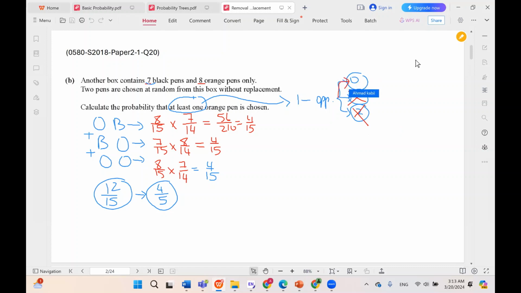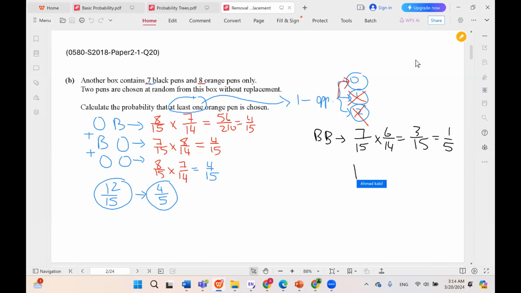So we can get the probability of 0 orange pens as black, black. And this would be 7 over 15 multiplied by 6 over 14. So 7 over 15 multiplied by 6 over 14 would be 3 over 15, which is simplified to 1 over 5.